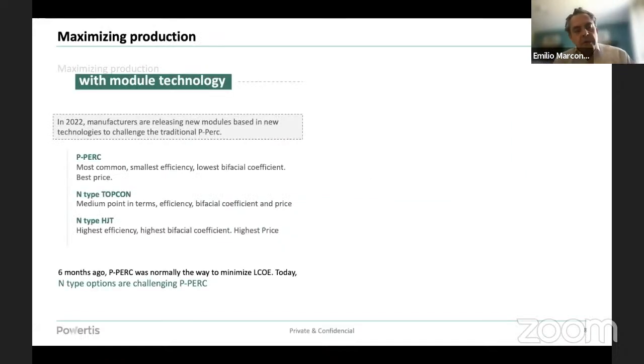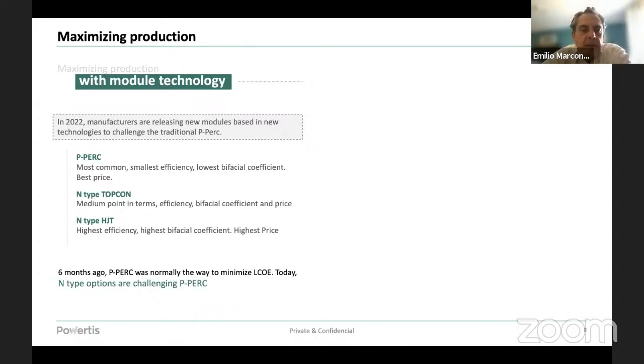Again, I said that we were looking at different technologies. If we start with modules, we have seen in this year, in 2022, how after a while, module manufacturers have decided to release new technologies. For the last few years, they were focusing mainly on getting larger and larger modules, but without changing or increasing efficiency.